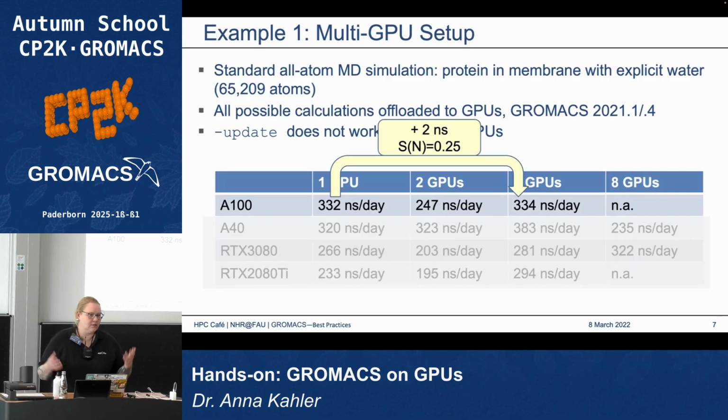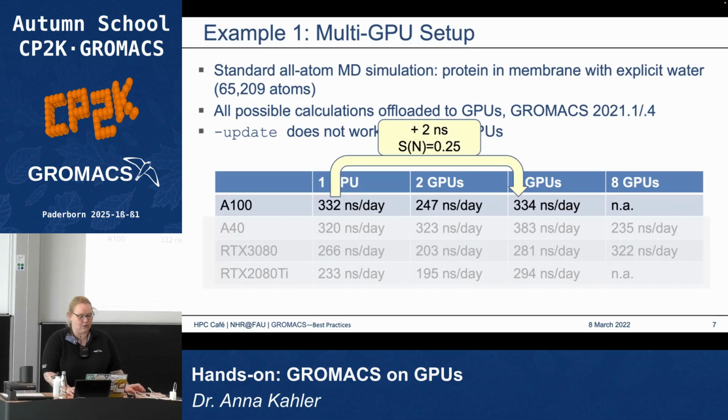But having half of the resources idling is not efficient for anyone, not for you as users either, because if you allocate 2 GPUs instead of 1, you get billed for 2 GPUs instead of 1 GPU.